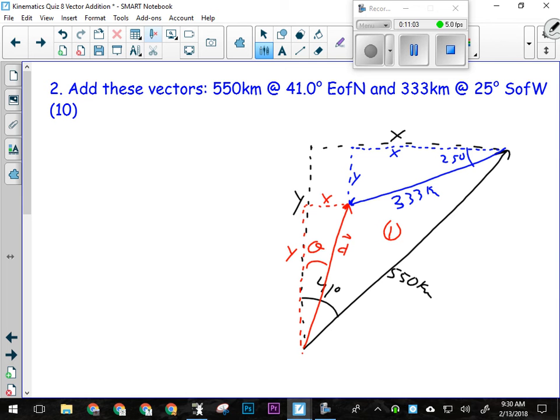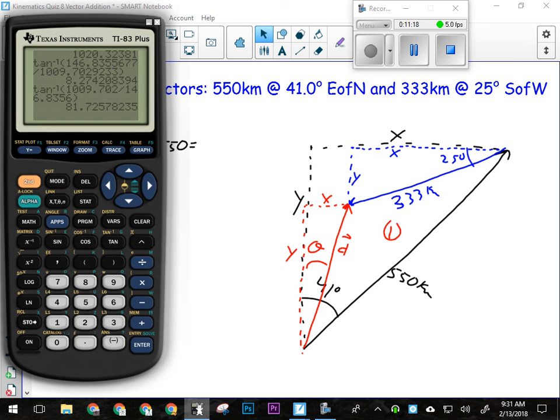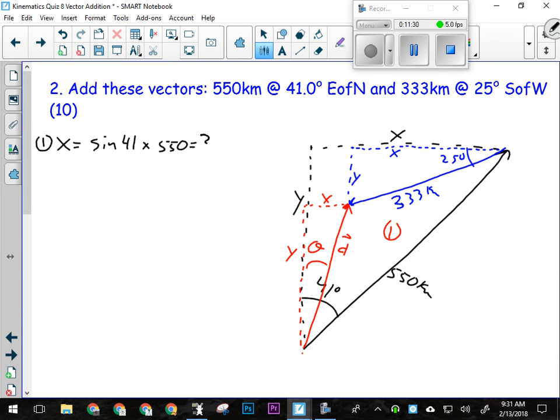All right, now we need to find all of our x and y components. So to find black x, this will be worth 1 mark. Black x is the opposite side, so that's going to be sine of 41 times 550. So we got 360.832 kilometers, and it's going to be east.